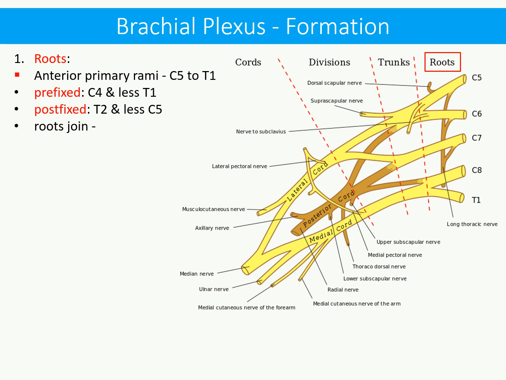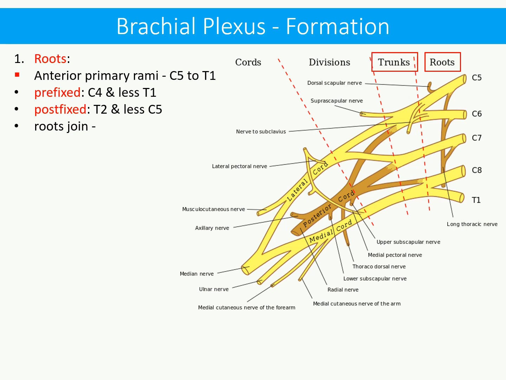If it drifts upward, then it involves C4 with less contribution from thoracic first segment, and the condition is named as prefixed brachial plexus. If it drifts downward, then it gets contribution from T2 and less contribution from C5 segment. Then it is named as postfixed brachial plexus.